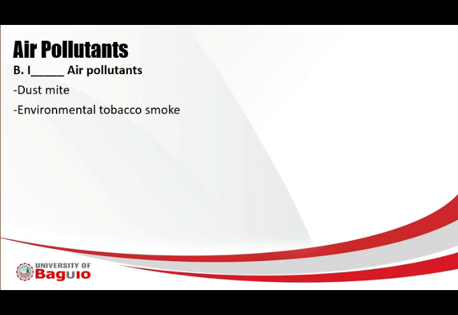That's why it is considered an indoor air pollutant. Take note, don't be confused about ETS: we are breathing it in, so it is an indoor air pollutant. Although, looking at its characteristics, it can also be considered outdoor, because the smoke is actually coming from outside.